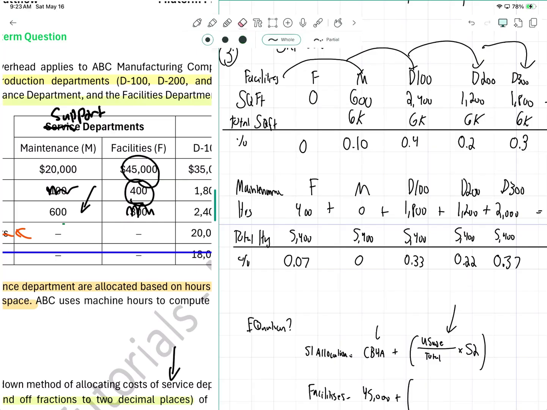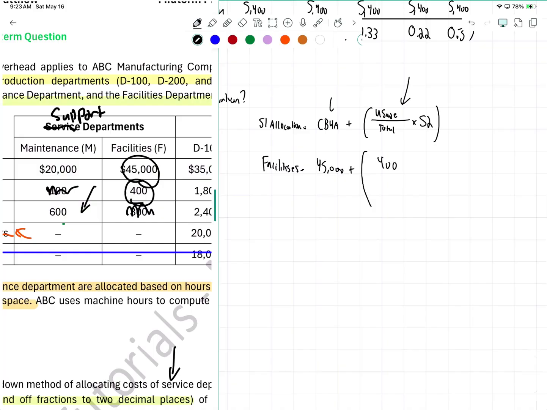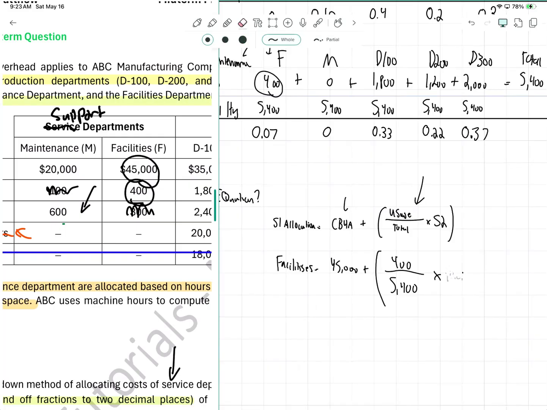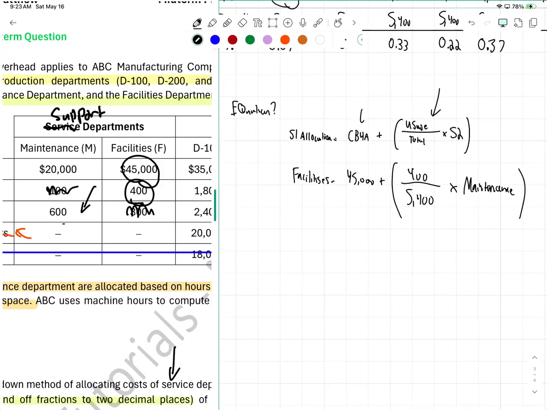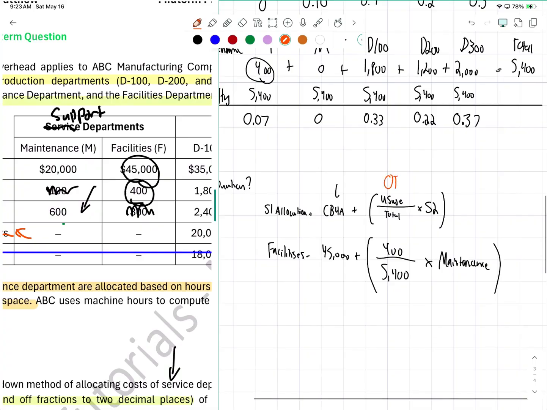So maintenance, guys, helps facilities by providing them 400 hours of a total 5,400. So times maintenance. That's what it would look like. Always remember, guys, it's of the other support department. When you're doing the reciprocal, it's the other matrix, the other proportion matrix.